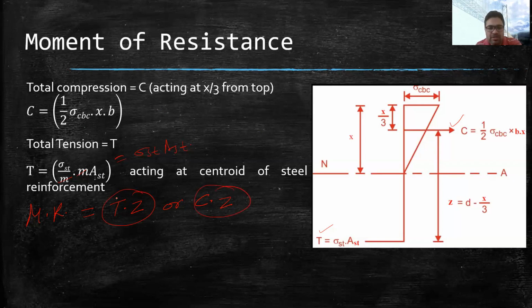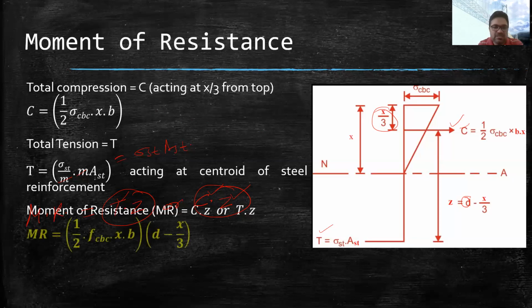We already know the T value and C value, and we also know the Z value. Z is D minus x by 3, where D is the effective depth of the beam. So the distance between C and T will be D minus x by 3. Now we formally write the expression for the moment of resistance.